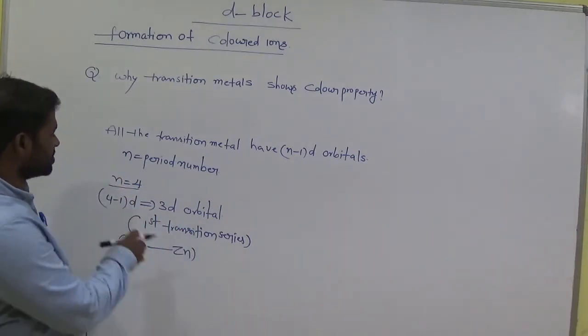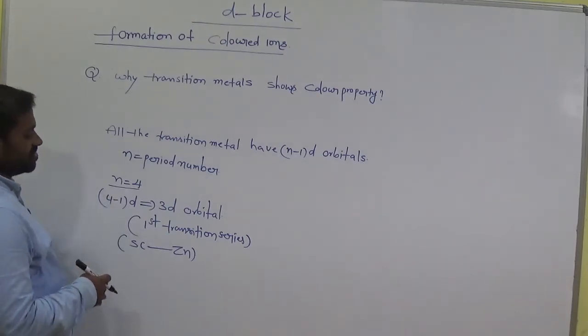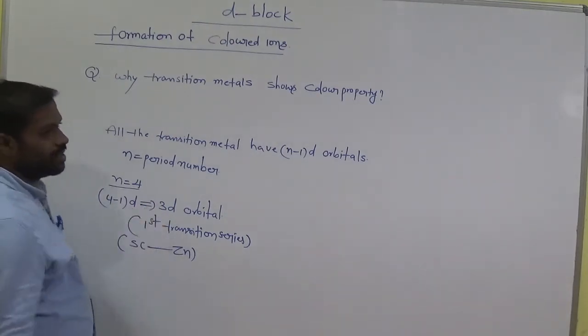So depending on the n value, these are the transition series. In the first transition series we have 3d orbitals.